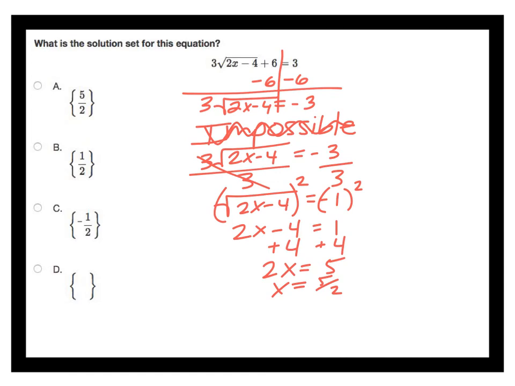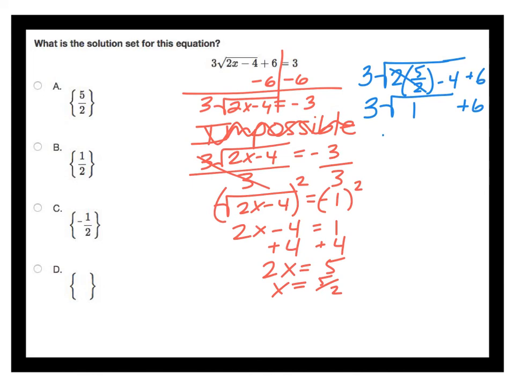However, if I go back to the beginning and I plug that answer in, let's try it. 2 times 5 halves inside the radical minus 4, and then a plus 6. Well, what do I get? 3 times the square root of 5 minus 4, that's 1. So square root of 1 plus 6.